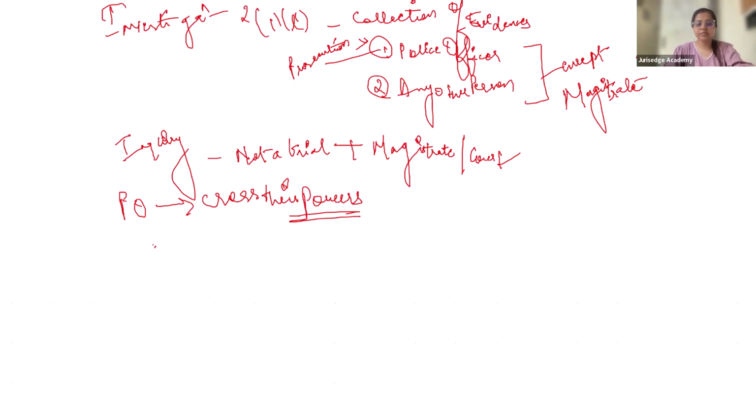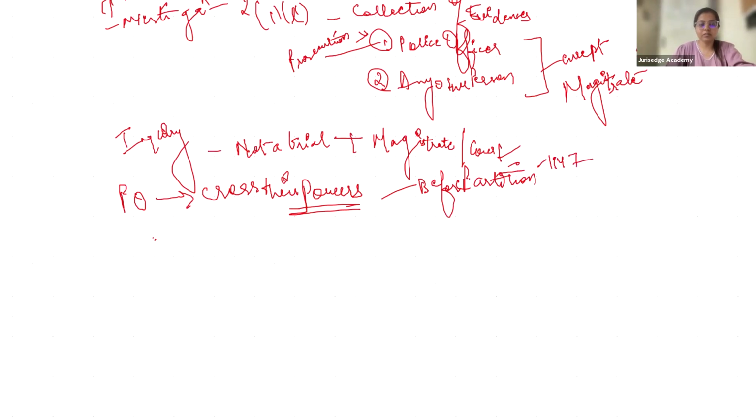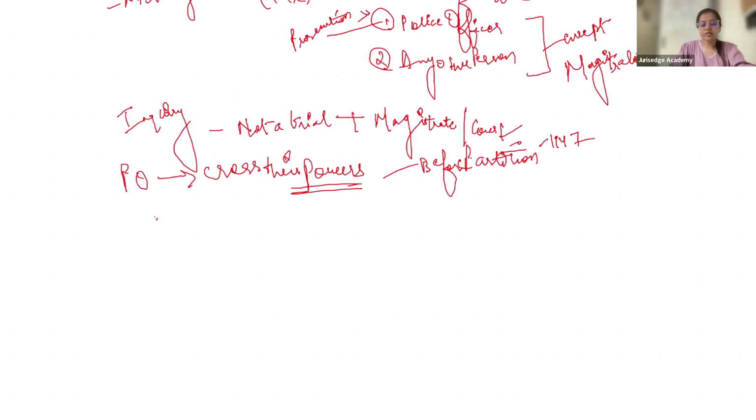Just remember that before partition, as in 1947, even in the British era, police officers used their powers in not an appropriate sense. That is why the old CRPC was framed, and then the new CRPC was also a replica of the old CRPC, apart from a few changes. And now you can call the new 2023 Act a replica of the old 1974 CRPC with some few changes.